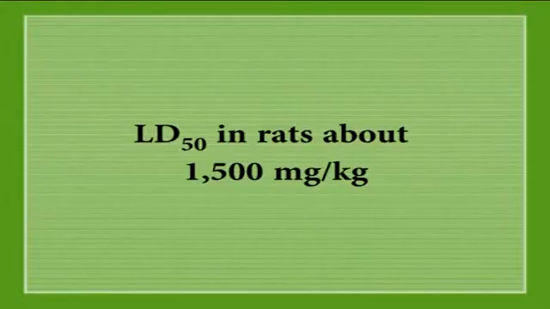Pyrethrum is a natural botanical pesticide containing the active ingredient pyrethrin. These pesticides are among the least toxic to mammals, that is, LD50 in rats about 1500 mg per kilogram.